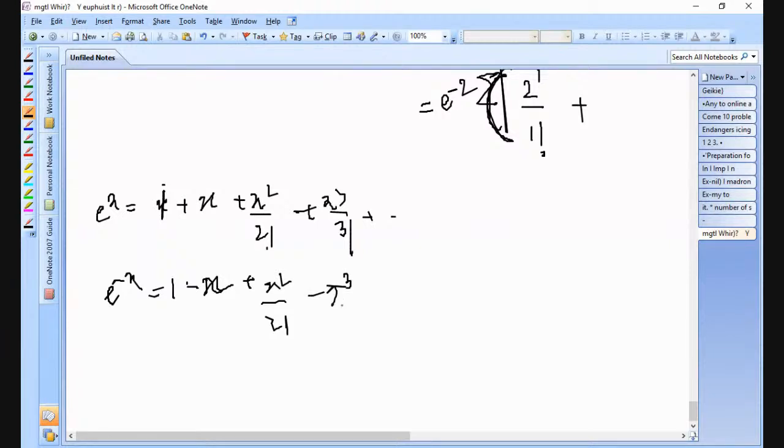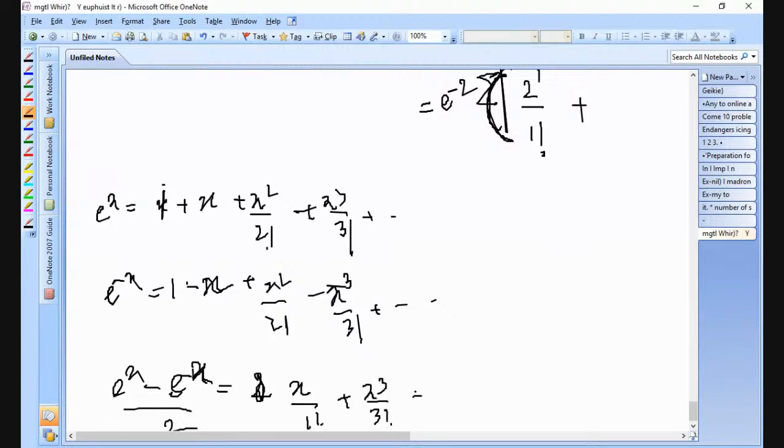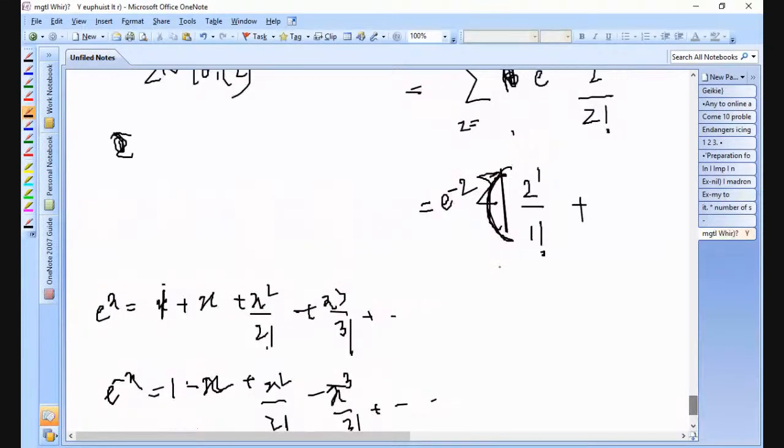If you just subtract, you can see that the odd powers remain. So e to the power x minus e to the power minus x, divided by 2, gives x by 1 factorial plus x cube by 3 factorial, using the Taylor expansion. So you just use this result over here.